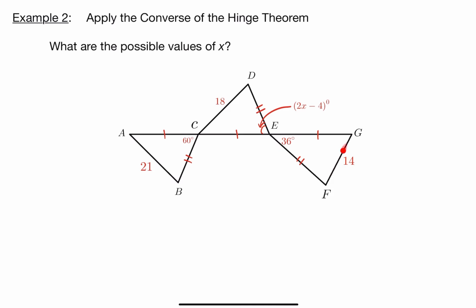Now, compare this length and this length. We would say that this length is smaller than this length. And if this length is smaller, that means this angle, which is opposite this length, is also smaller than this angle, which is opposite that length. Well, this length is represented by 2x minus 4.